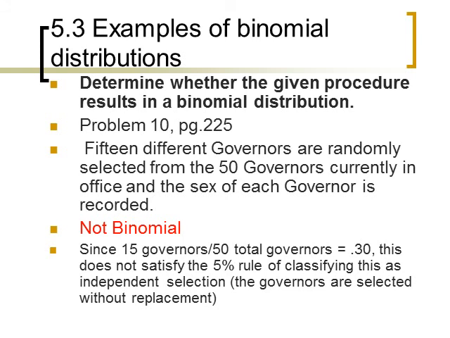However, 15 out of 50 governors is 0.30, and this does not satisfy the 5% rule of classifying this as an independent selection. You see, when we select the governors, we select them without replacement when we record their gender. So you have to make sure that it follows the 5% rule, and this one does not.